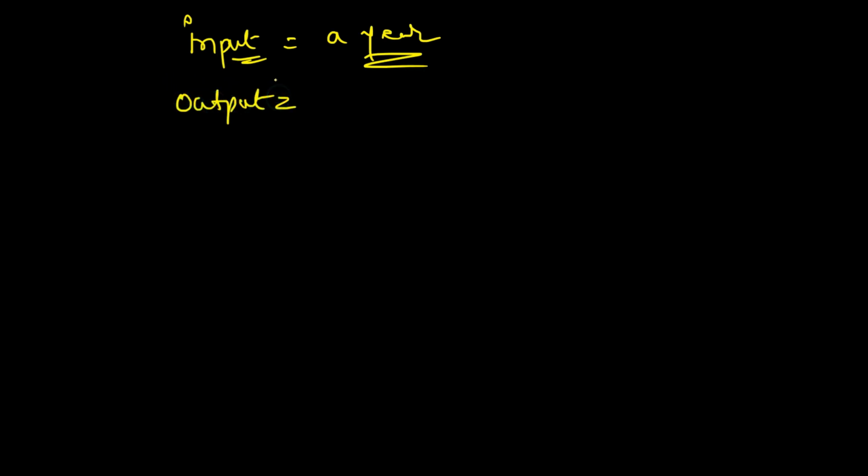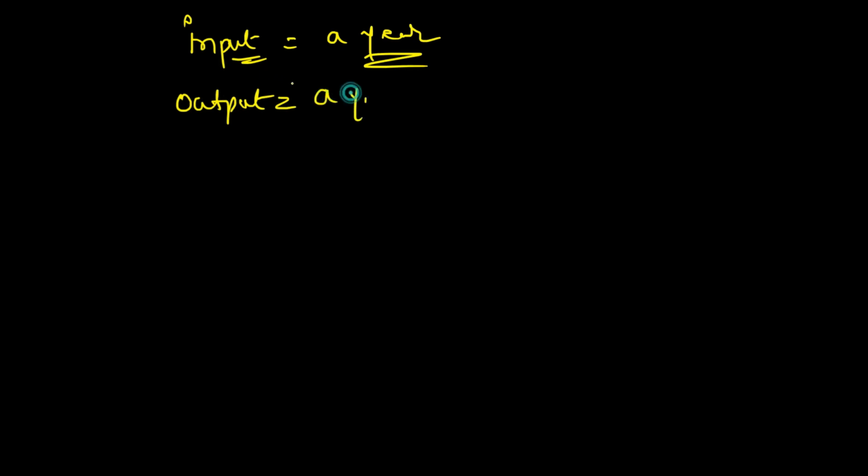So for this algorithm, what would be our input? Our input would be a year, right? Year would be input, and output, what would be the output in this case?